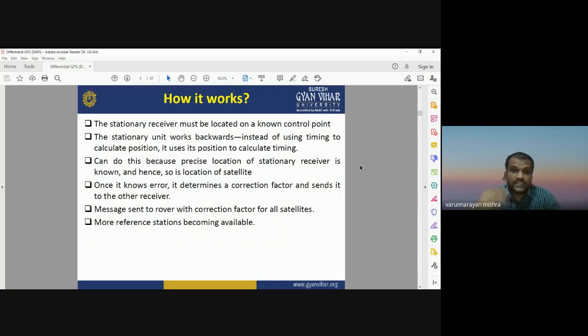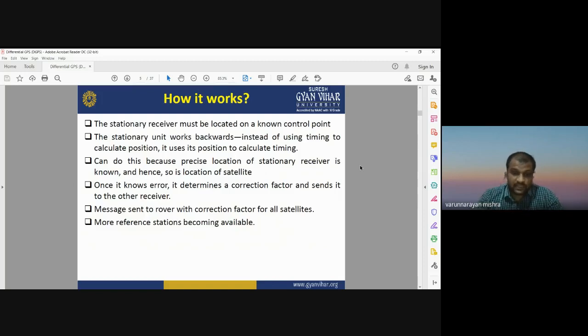Instead of using the timing to calculate position, it uses its position to calculate the timing. It can do this because the precise location of the stationary receiver is known. You know the location of the base station, so you don't need to collect the coordinate with the base station, because its location is already known to you.